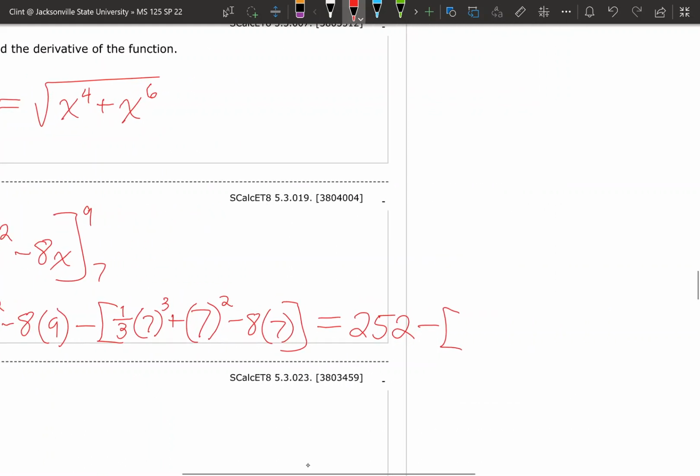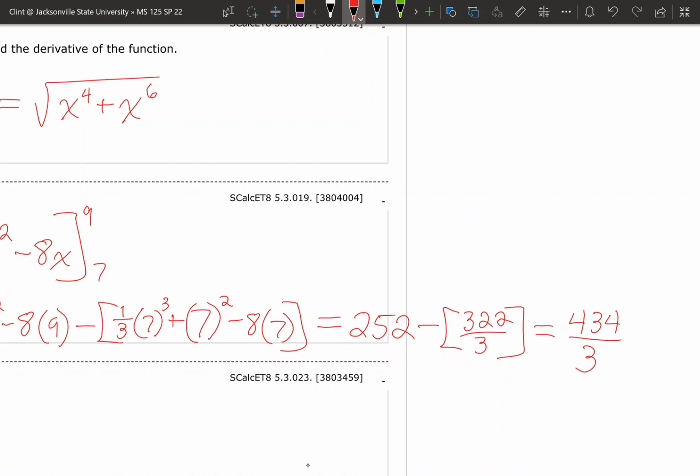That's 322 over 3. So final answer, pretty ugly. You get 434 over 3.